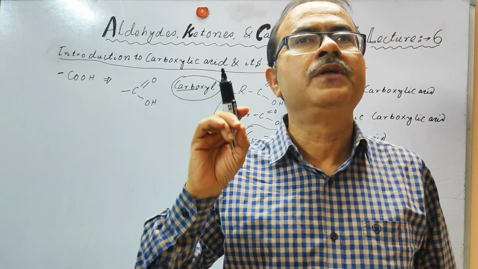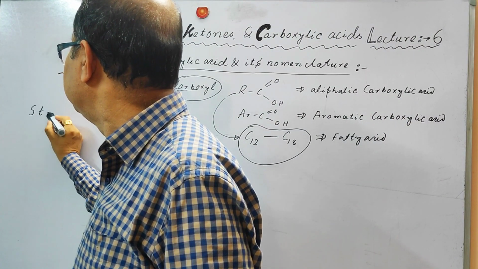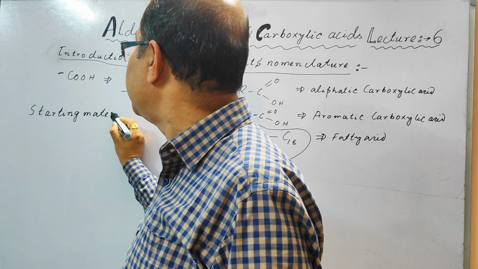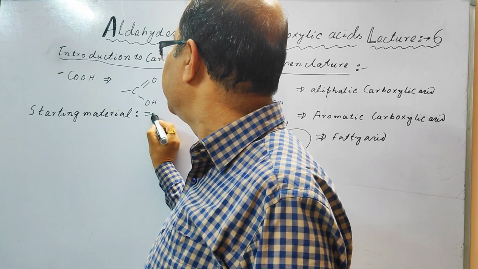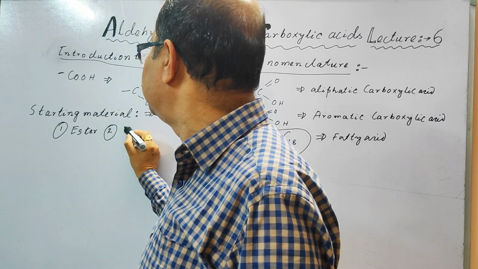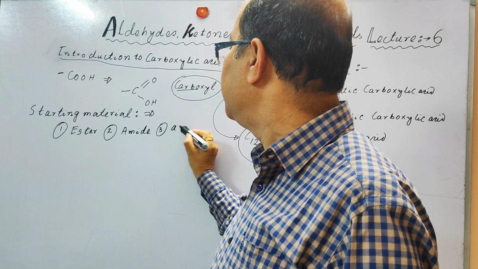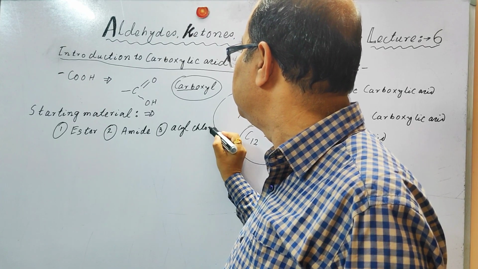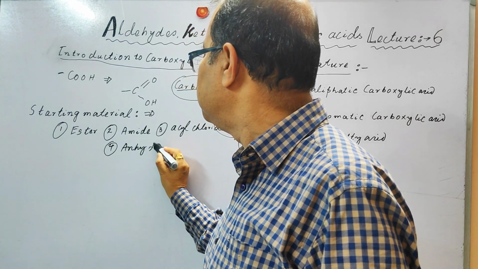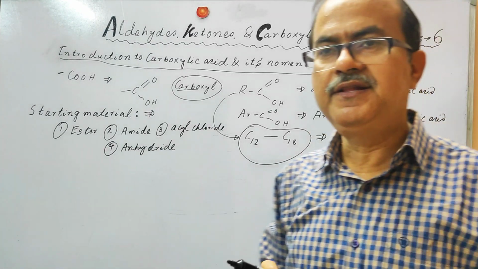Carboxylic acid can be used as the starting material of different organic compounds, as for example, number 1, esters, number 2, amides, number 3, acyl chlorides, and number 4, anhydrides. So this has been used as a starting material.